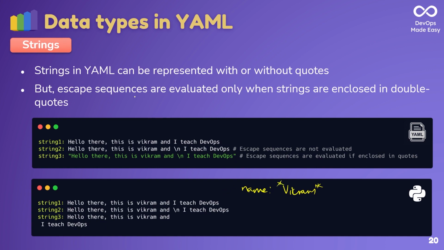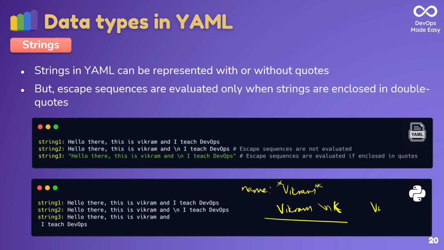But escape characters are evaluated only when strings are enclosed in double quotes. Let's say I wanted to have Vikram, and in the next line I wanted to print my first name. I'll use slash n for the new line character, and then use K as my initial. If I write like this without any quotes, this won't be evaluated.